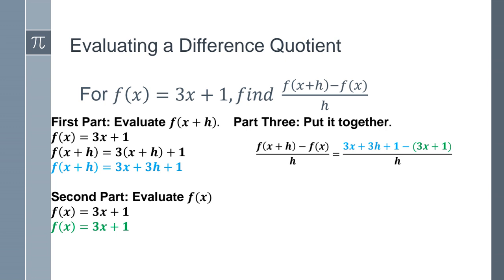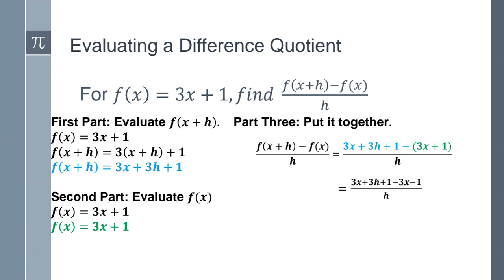Okay, so when I distribute that sign, a negative times a positive 3x is a negative 3x. A negative times a positive 1 is going to give me a negative 1. So once I've done that, I look at my expression and see if I can combine like terms, and the answer is yes.